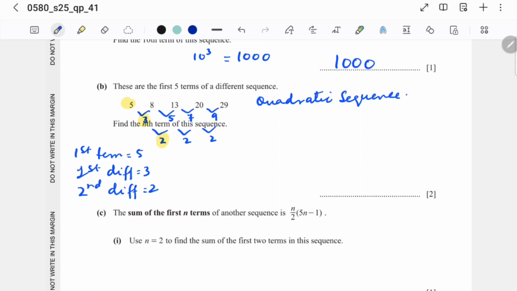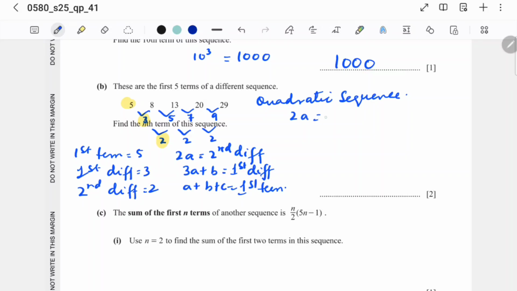You know that we have a few formulas which make the work easy. Going backwards: 2a is equal to the second difference, 3a plus b is equal to the first difference, and a plus b plus c is equal to the first term. Okay, all right, now start working.